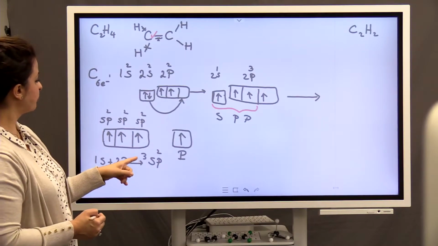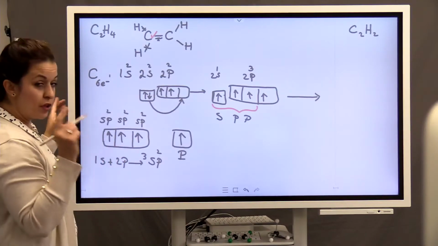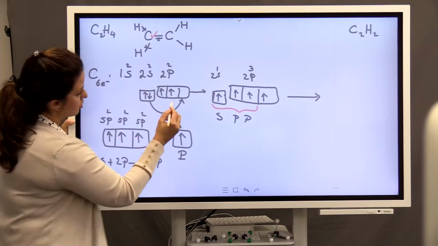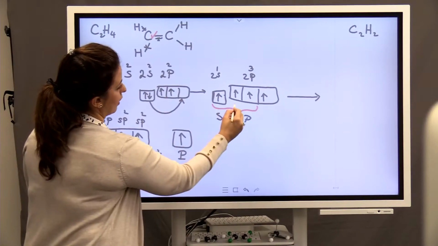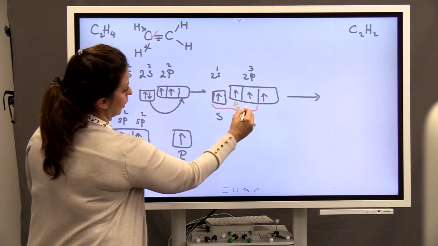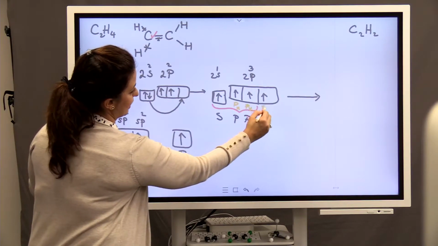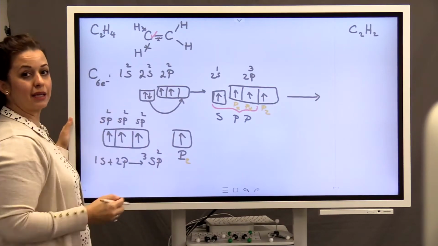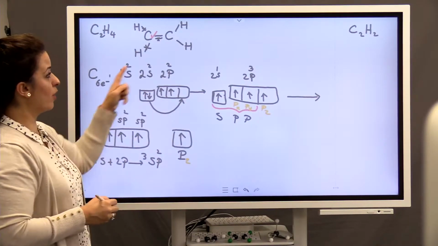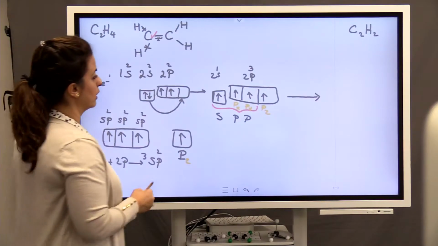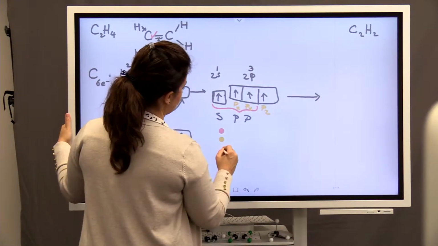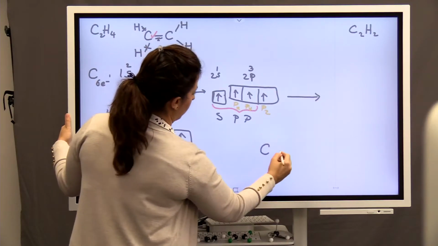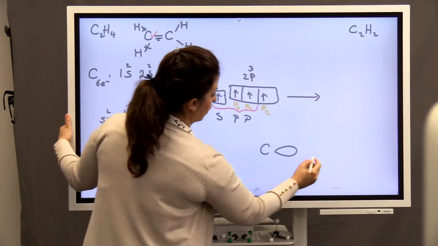And if you remember from last chapter, we had 3 p orbitals, along the x-axis, along the y-axis, along the z-axis, right? So let's say this is pz along the z-axis. So if I want to draw this molecule, here is the hybrid orbital.